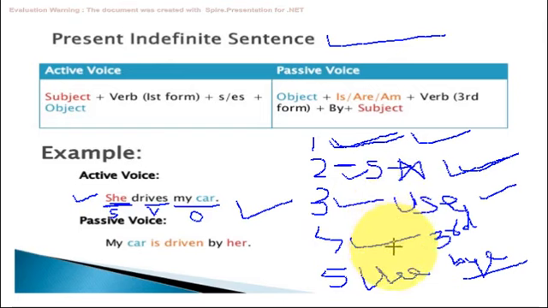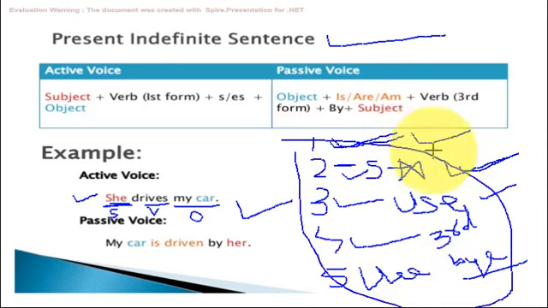Then use the third form of the verb. Then use by to show the agent, and the first rule is applicable after the fifth one. After using by, you have to bring the subject to the place of the object and the object to the place of the subject. You have to carry them from one place to another. This is very simple. If you practice it, it will be very easy for you. Now I hope you understood all these rules very well.